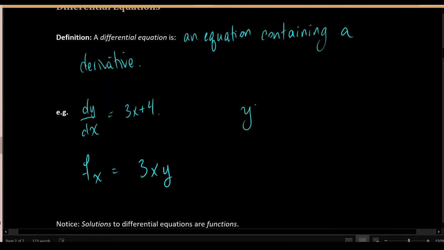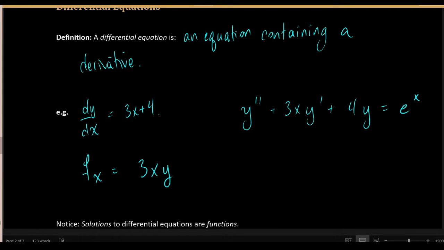You can take the second derivative, for example, of a function called y, and then take 3x times y prime plus 4 times y, set that equal to e to the x. That's also on the table. And you're just as free to do strange stuff involving piecewise functions even.